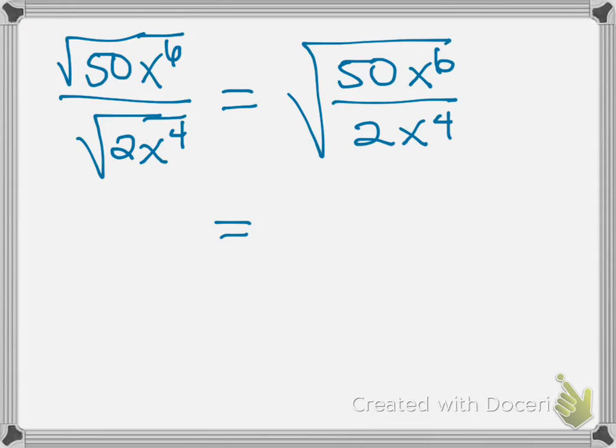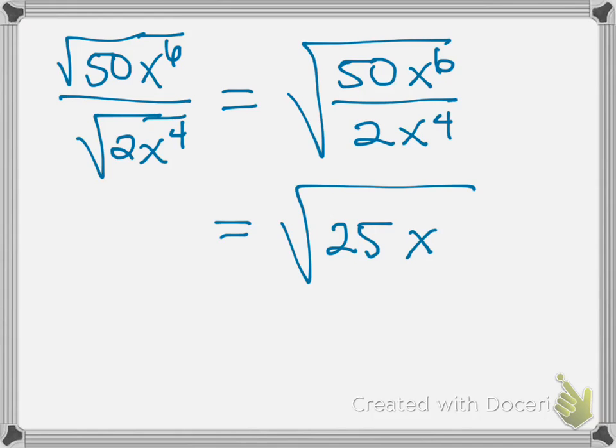The next thing we need to do is to simplify each type of component in that radicand. So we're going to simplify 50 over 2, that's just 25. And then we can simplify x to the 6th divided by x to the 4th. Since we have the same base of x, all we need to do is subtract those two exponents.